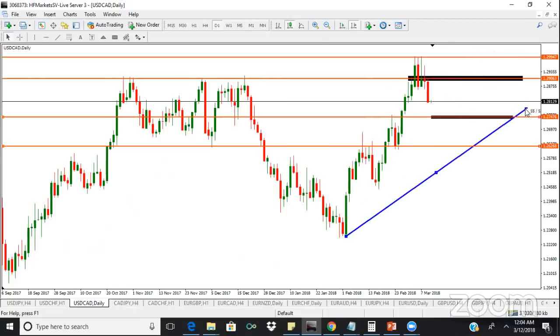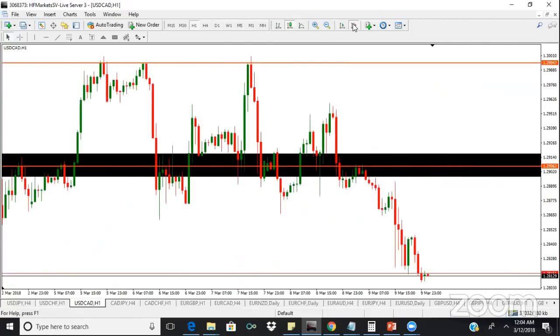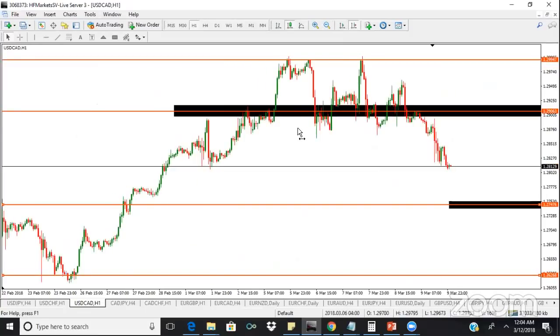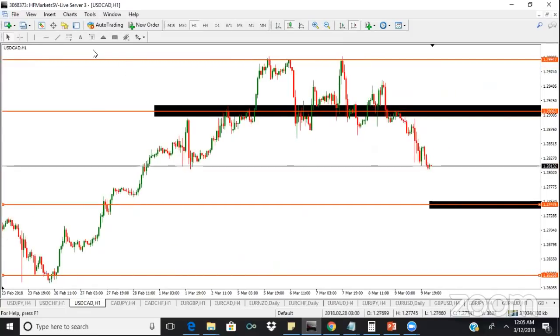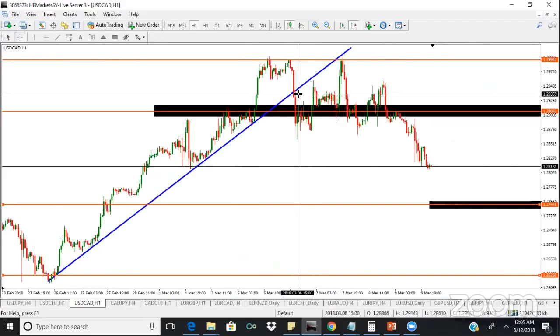However, this has the power to break it. So you draw more of your trend line on your lower time frame. So look at what has happened, guys. You can see the last trend line, you draw it from here up. Look at what happened, guys. Got here, broke the trend line.